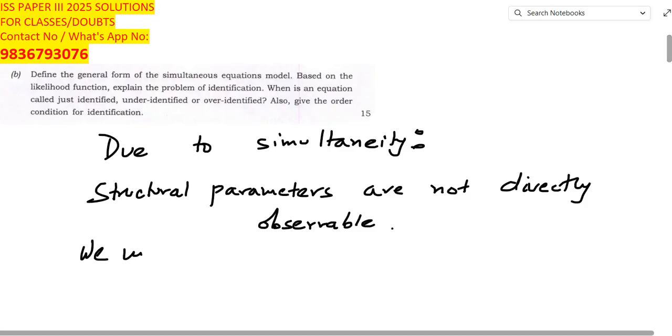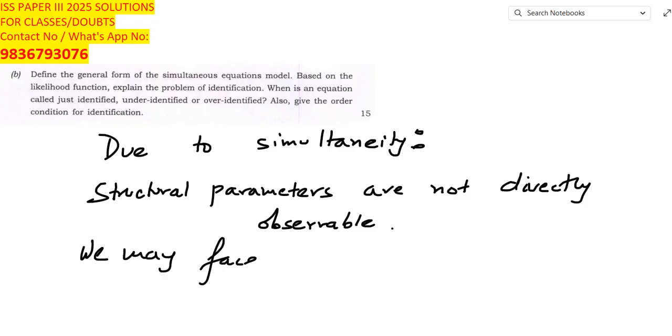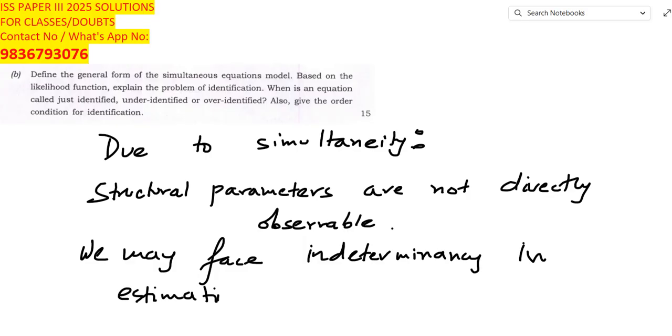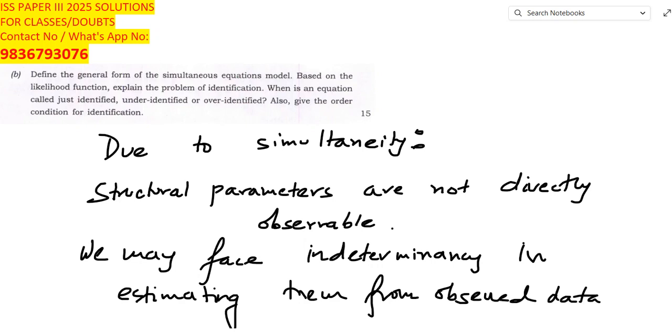And we may face indeterminacy in estimating them from observed data. Okay.